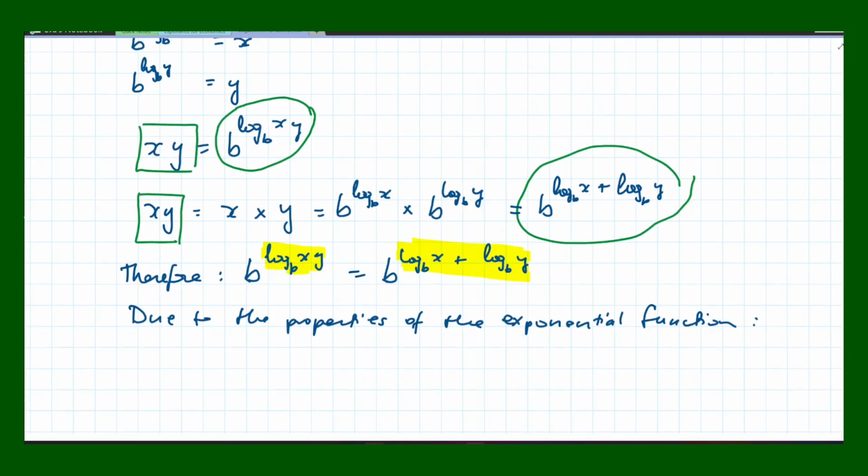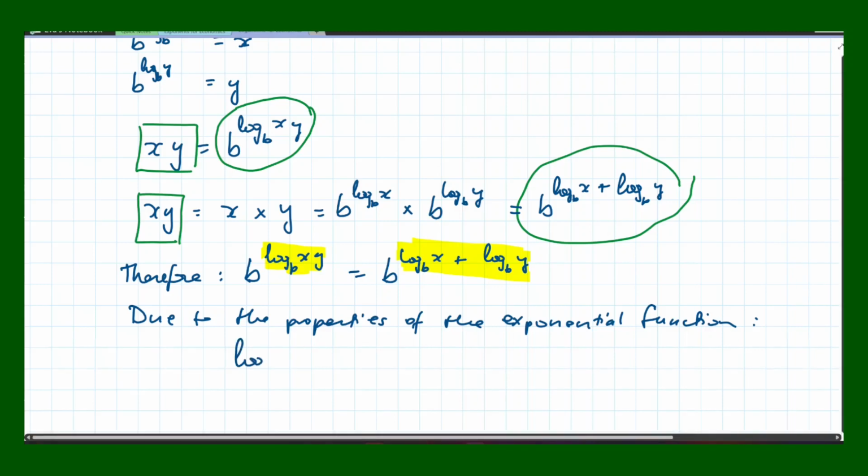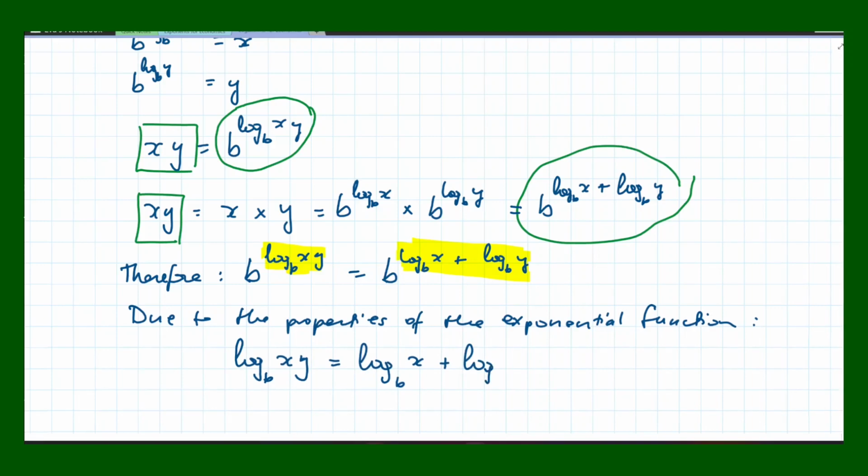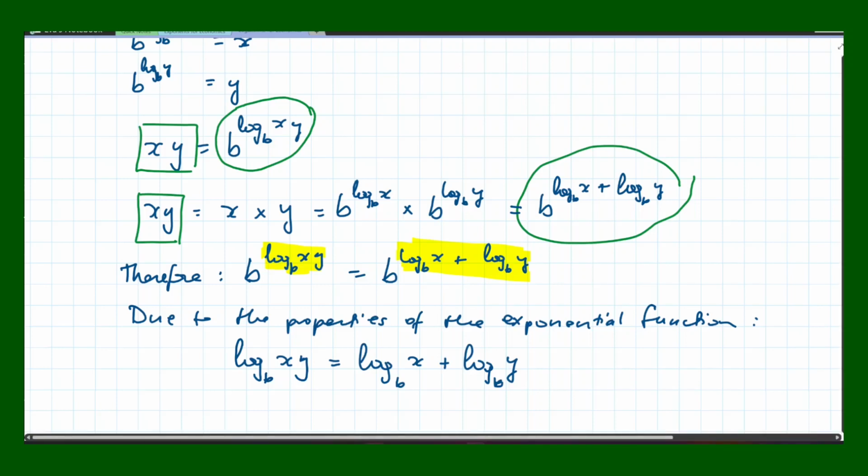We can claim that if the two sides of this equality are equal with the same bases, then the exponents themselves have to be equal, so we are safe to claim that log base b of xy equals log base b of x plus log base b of y. Now, if you feel like you're a little bit cheated because I just glossed over these important properties of continuity and monotonicity, then rest assured that it is my intention to go over those in later videos. But for now, let us move on to some practice questions.